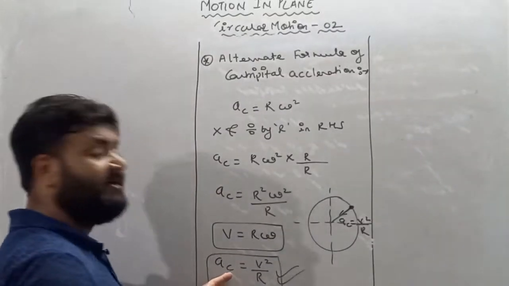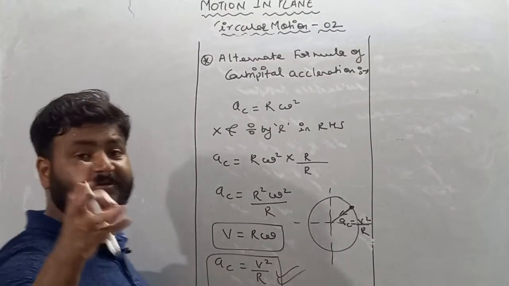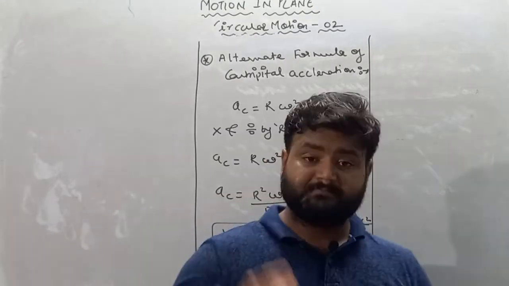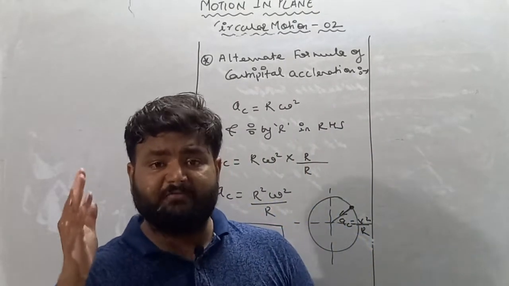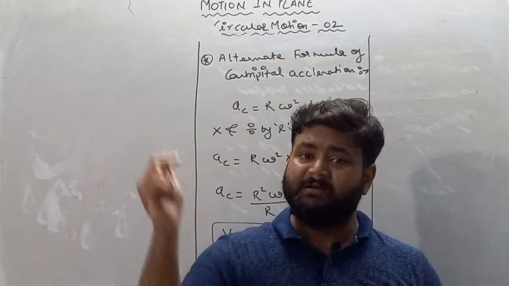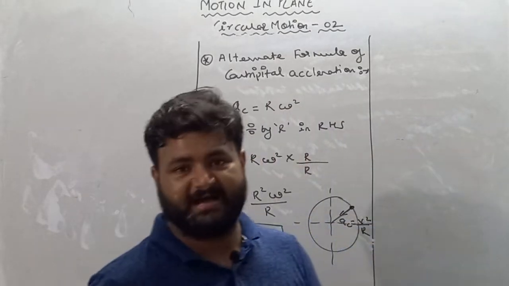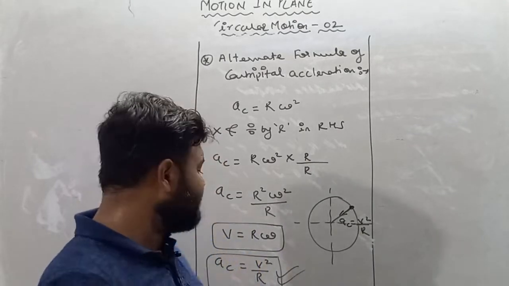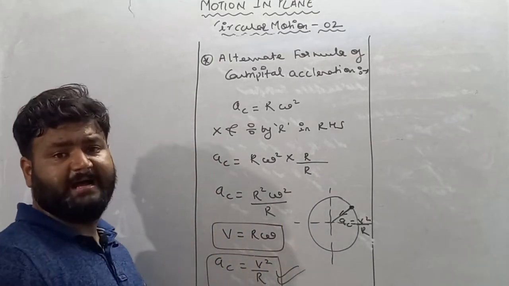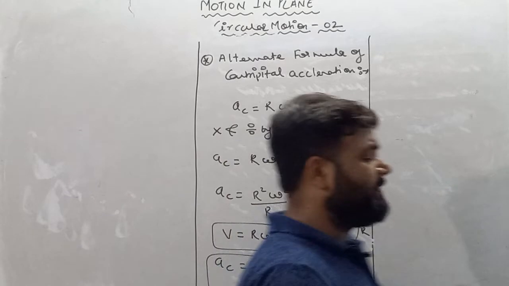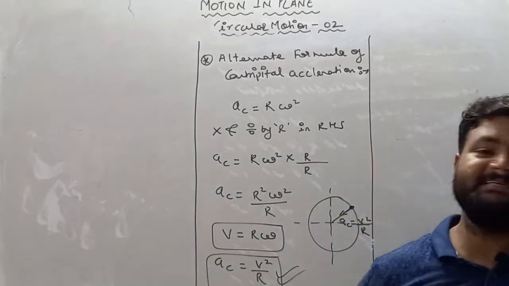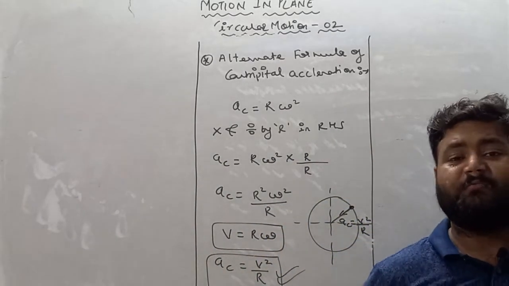We get two different values of centripetal acceleration when the particle is in circular motion, towards center. One is r omega square and second is v square by r. In numericals, most of the time we'll use v square by r. Moving forward, my dear student, I hope you all understand these concepts. So what we conclude?